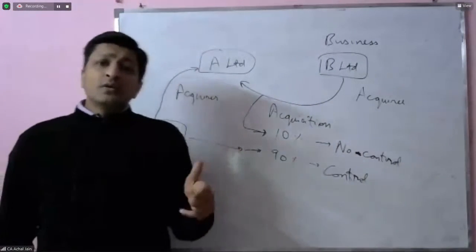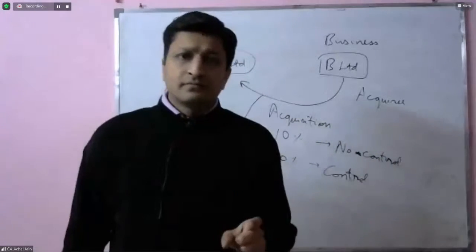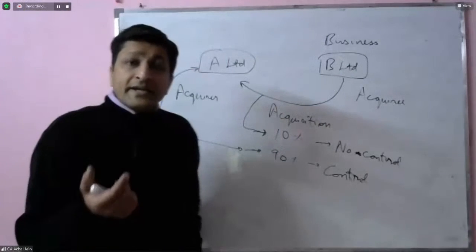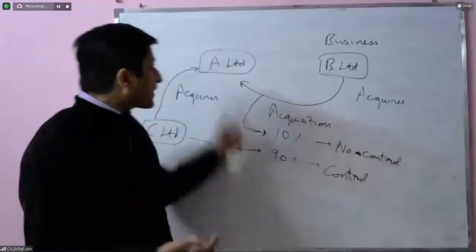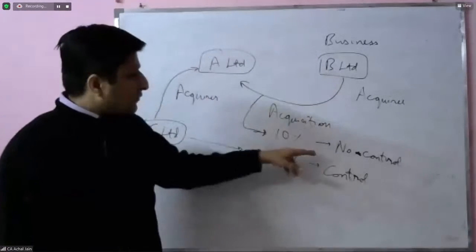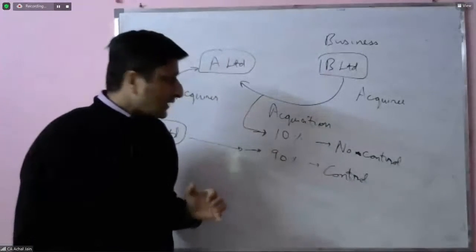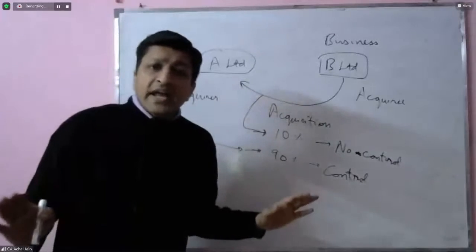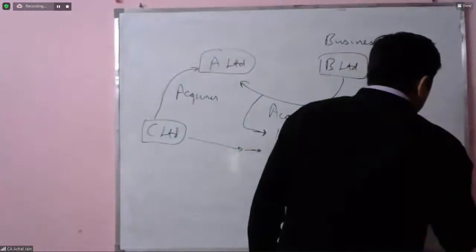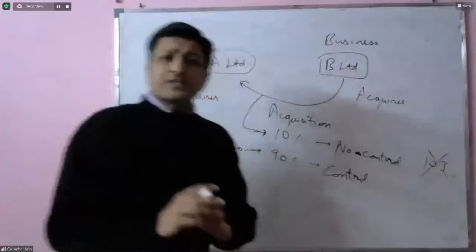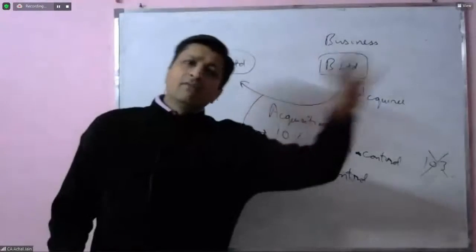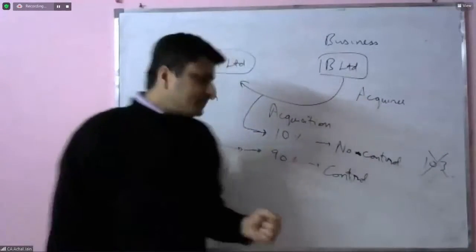So even though business is getting acquired in this case, it is not giving the acquirer control over this business. That's why accounting as per Ind AS 103 will not apply on this. Some other standard will apply. We'll talk about that separately.